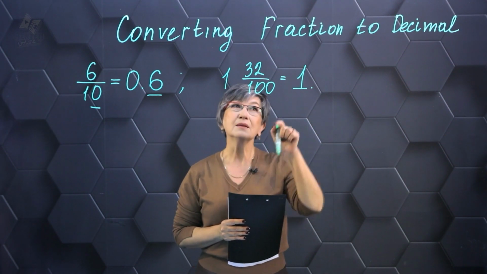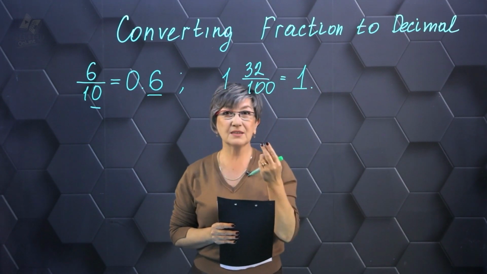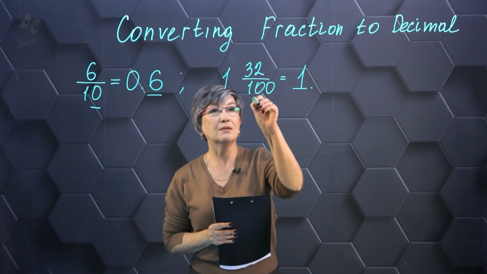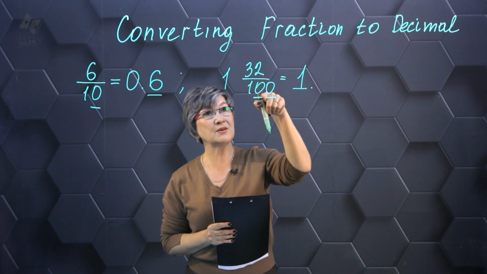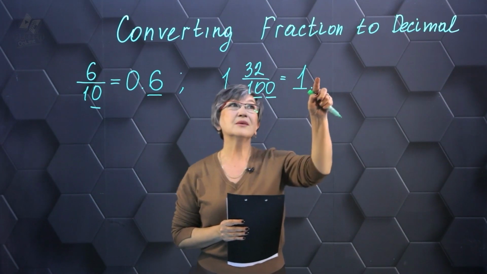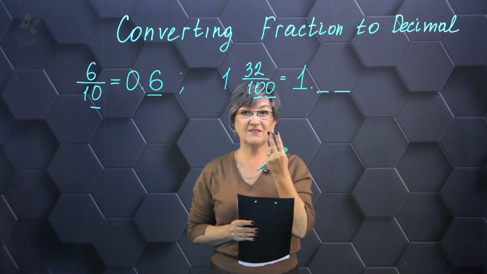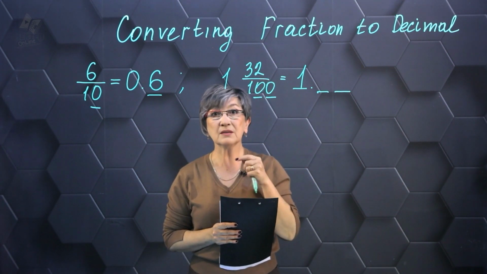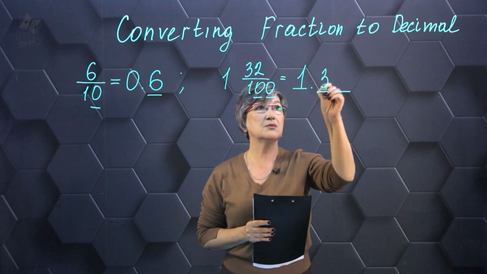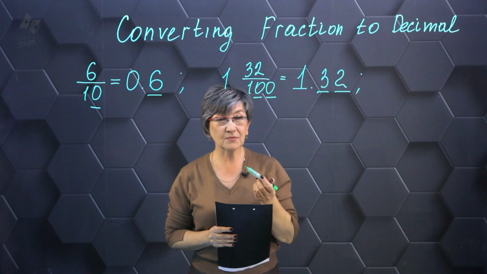And then after the dot, I have to write some digits. Notice how many zeros I have in the denominator. It's 2 zeros, therefore after the decimal point I must write down 2 digits. And I do have 2 digits in the numerator. So I'm writing 32 hundredths. Let's complicate the example a little bit.